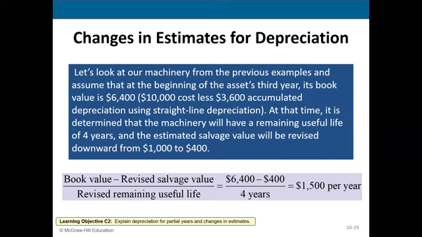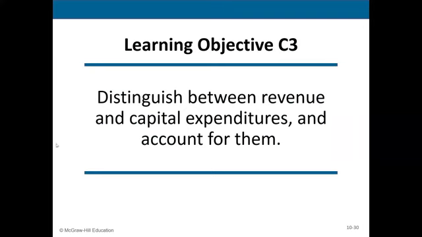So we take the remaining book value, 6,400 in this example, minus the revised salvage value, because we also realized that changed as well, down to $400, divided by the revised useful life, 4 years. This changes our calculation from what it was before, 1,800, to 1,500 per year. So those kinds of things happen. You just have to adjust.